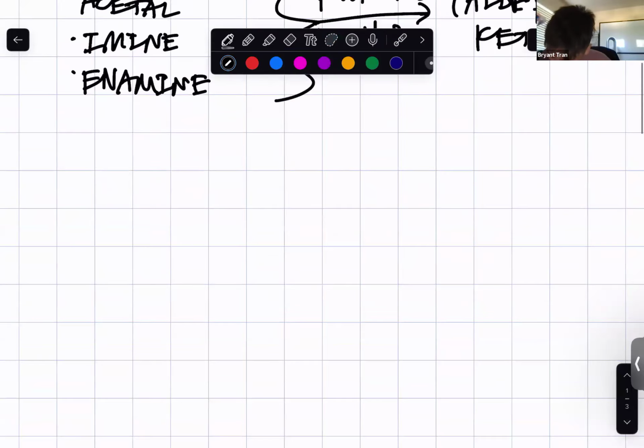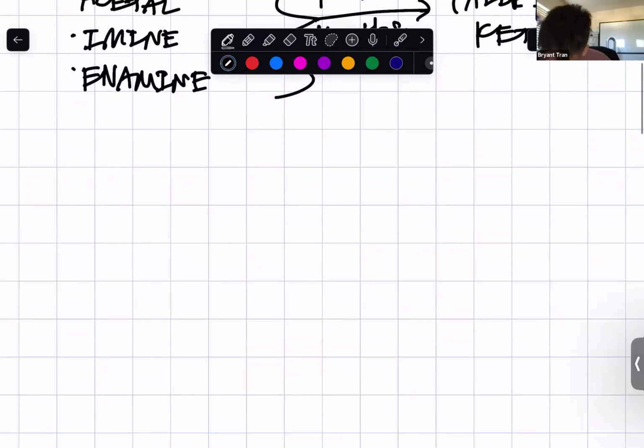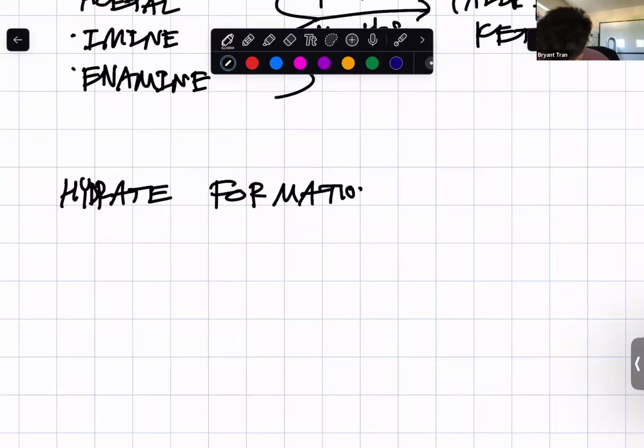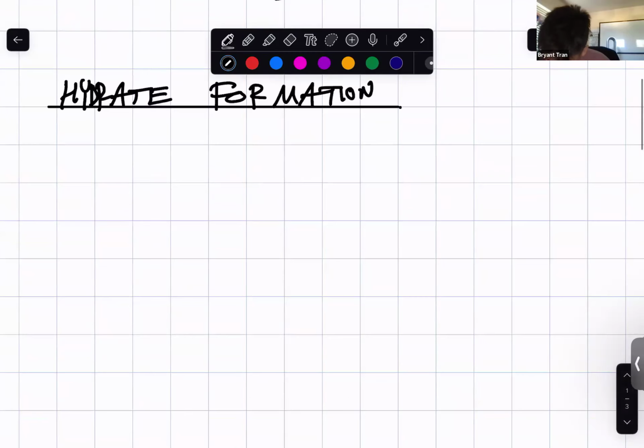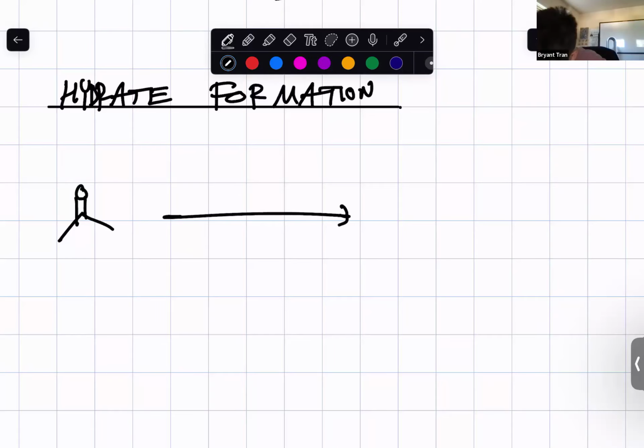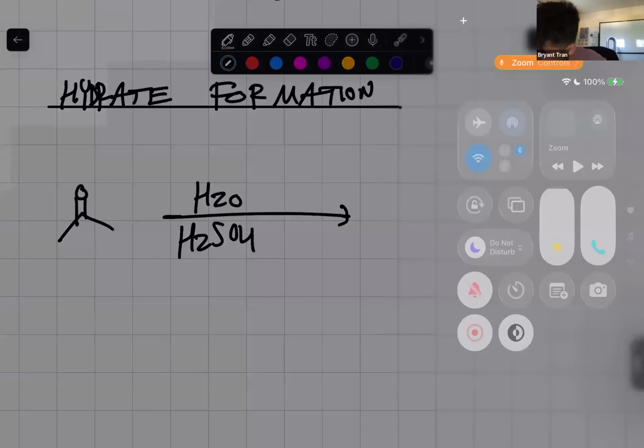Let's say, for example, this is the hydrate formation. And we're going to worry about acidic conditions because chapter 17 is mainly about that. Let's say we have this carbonyl and we react it with water and acid, H2SO4.